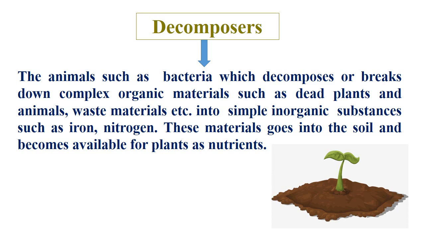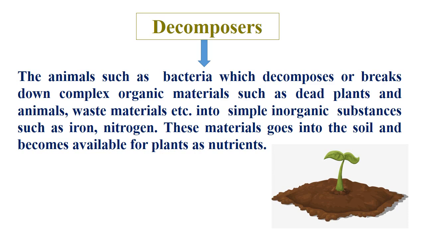So these inorganic substances increase the growth of plants and also increase the fertility of the soil. These inorganic substances become the nutrients of the plants. So now you see how decomposition takes place.